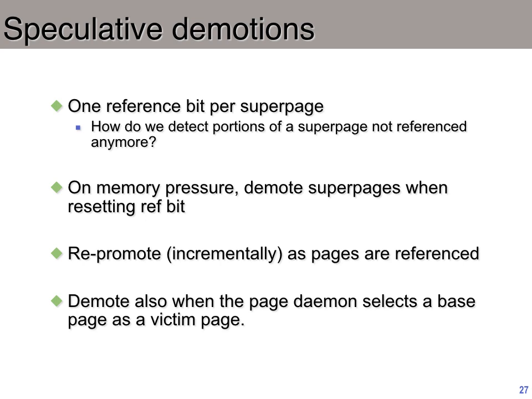So if there is memory pressure, meaning that free memory in the system is running low, then periodically the operating system goes around and resets the reference bit of all the pages, and at that time we could demote superpages back to their base pages. And then we could re-promote the superpages incrementally as and when the application starts accessing those pages again.